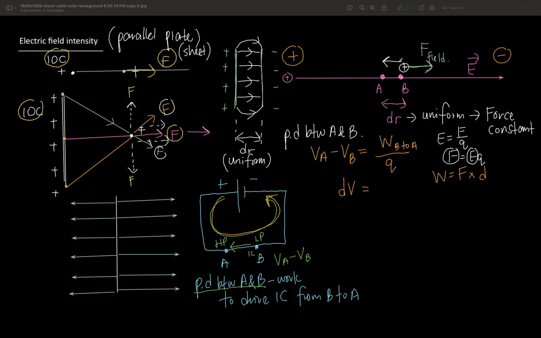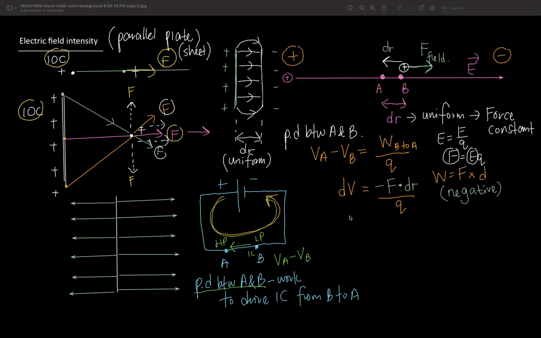So if you are moving the charge from B to A and the force is to the right, the work done will be negative, because the force and the distance direction are not the same. You are moving dr to the left, but the electric force is pushing to the right. It's the opposite, so you get negative work. So I put here minus F times dr divided by Q.